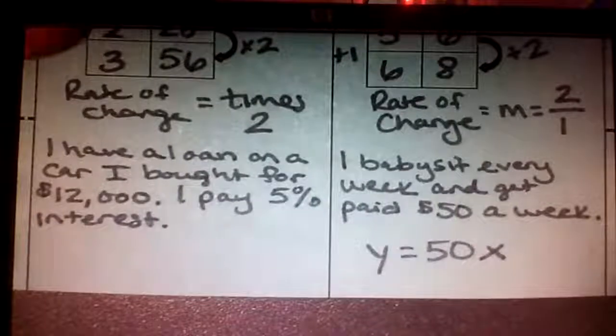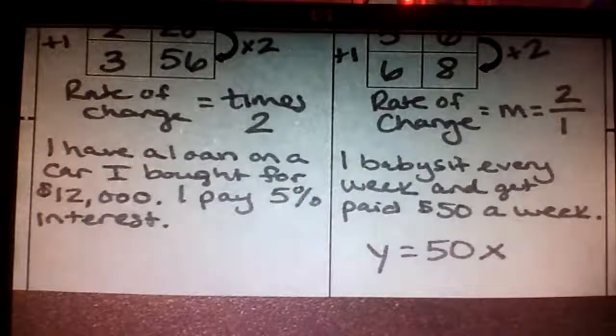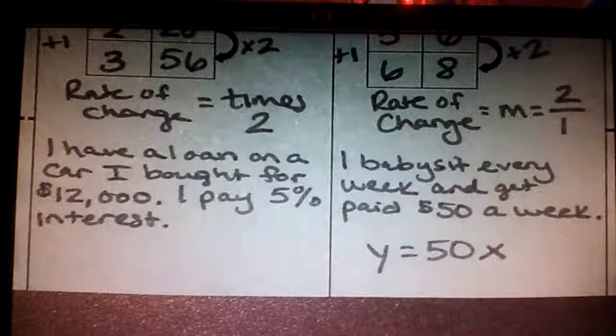So you bought the car for $12,000 and you're paying 5% interest. Exponential is going to be on loans, on savings accounts. Most of the time when you see a percentage, it's going to be an exponential. We're going to talk more about how to write these, but your equation for this exponential would look like this.